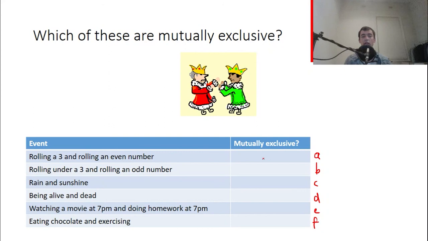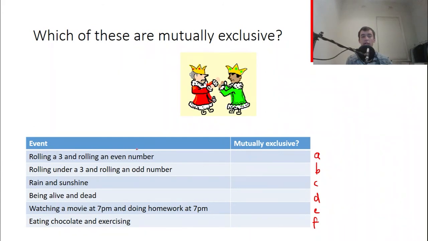Now, you've had a go at this. So let's start with number A. Rolling a 3 and rolling an even number. That's our two events. Now I want you to ask the question, can you only have one of these at a time? And if you can only have one of these at a time, it's mutually exclusive.